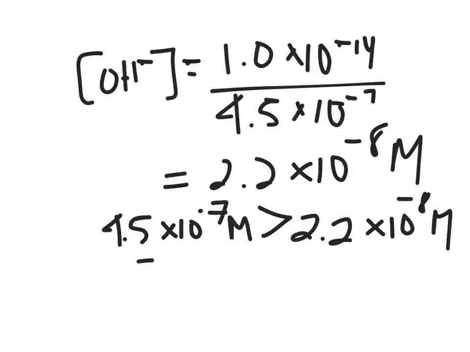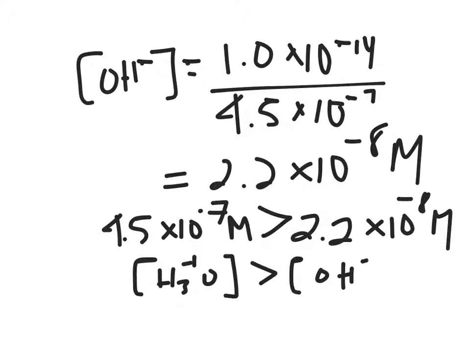So since we have a greater concentration of hydronium ion than we do of hydroxide ion, we can say then that milk is acidic. Who would have thought? So that's an example of the different types of calculations you can do with the ionization product and then looking at relative concentrations of hydronium and hydroxide ion in a solution.